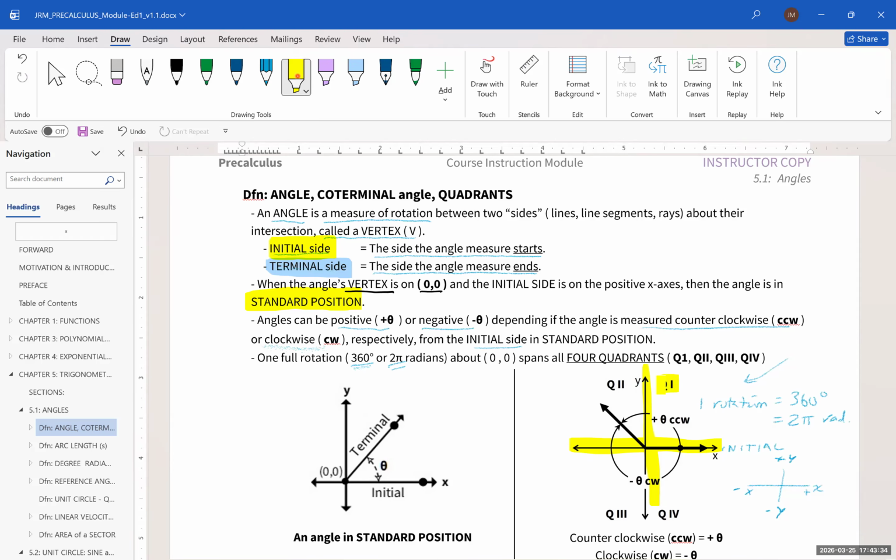When you've got the X and the Y axis, it splits space into 4 quadrants. We've got quadrant 1, which is up and to the right. Quadrant 2 is up and to the left. Quadrant 3 is down and to the left. And quadrant 4 is down and to the right.